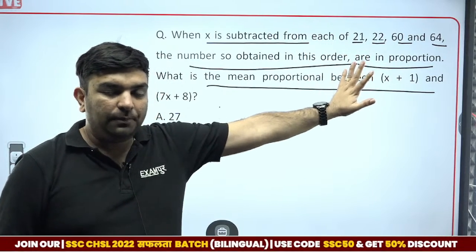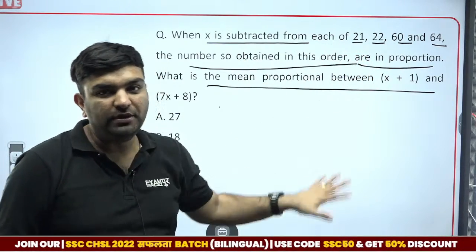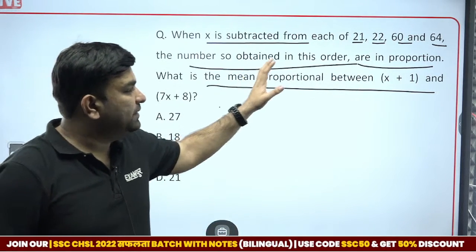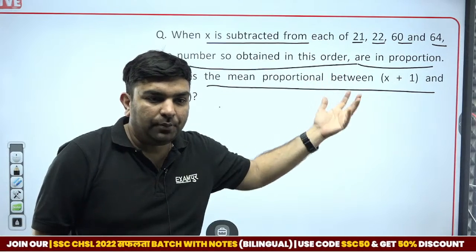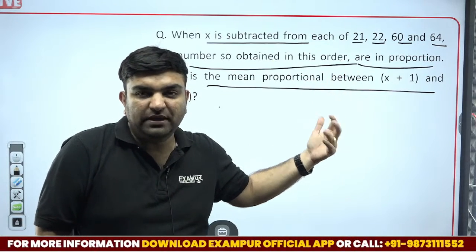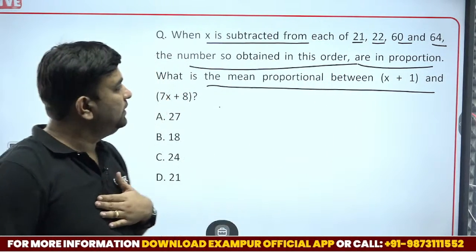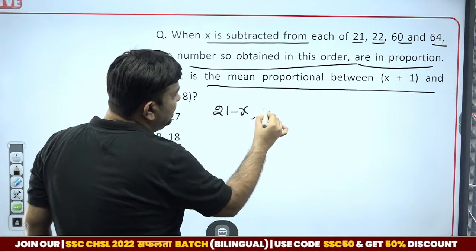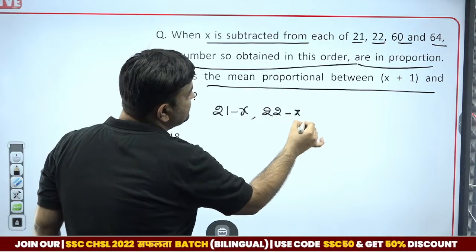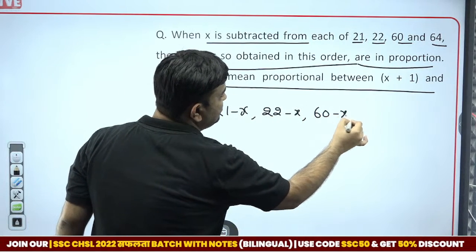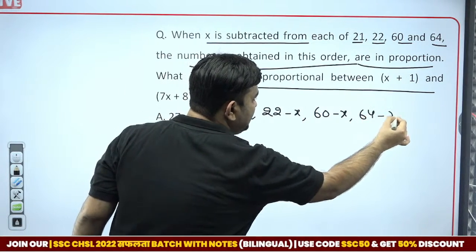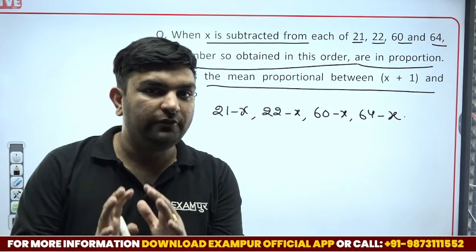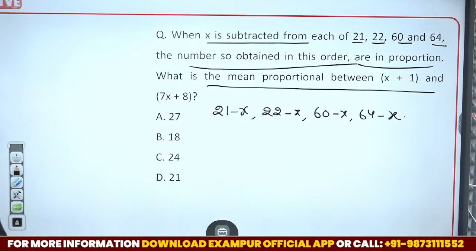They will become in the proportion when you subtract X from each of them. So basically, 21 minus X, 22 minus X, 60 minus X, and 64 minus X are in the proportion.